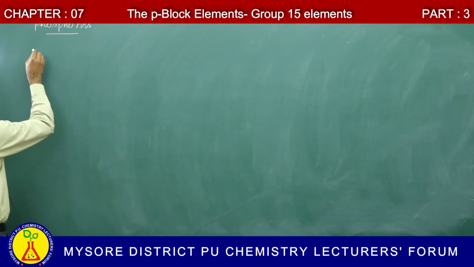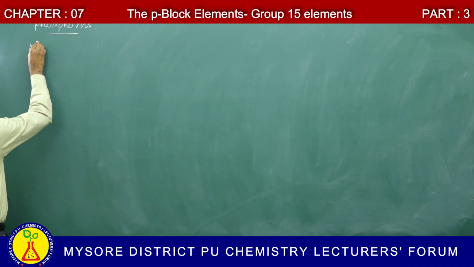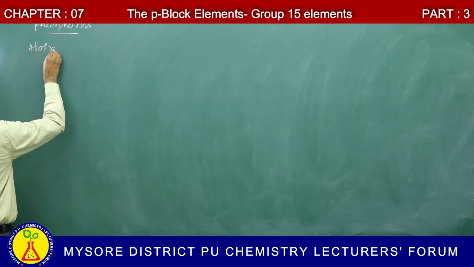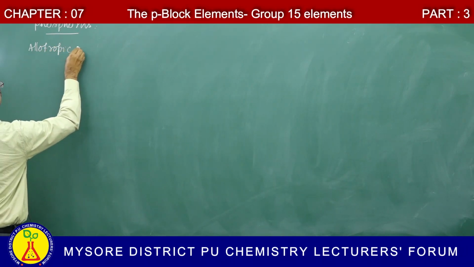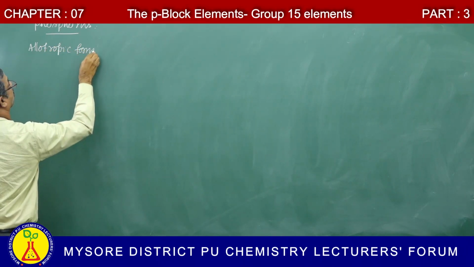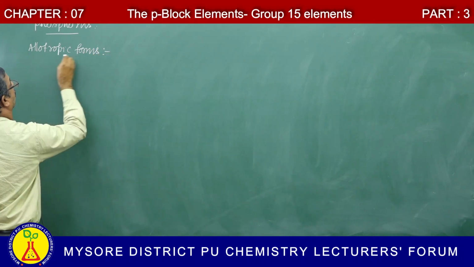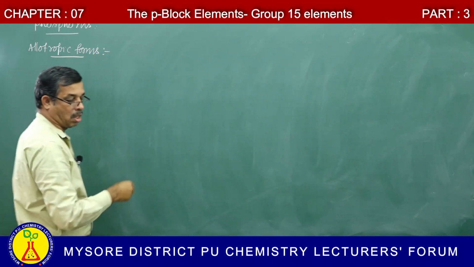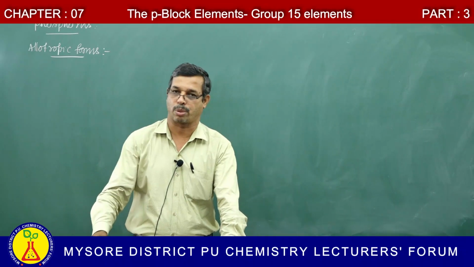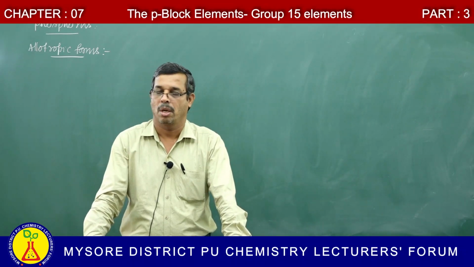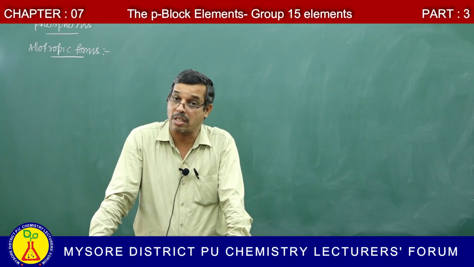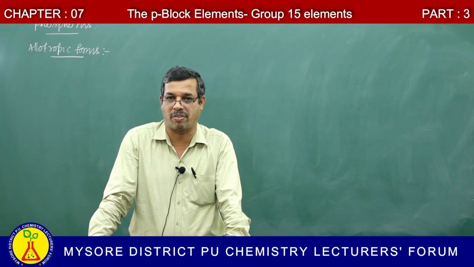Allotropic forms of phosphorus. Phosphorus is found in many allotropic forms.